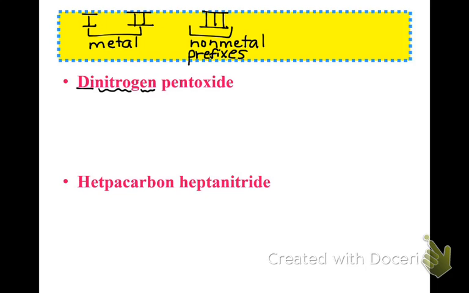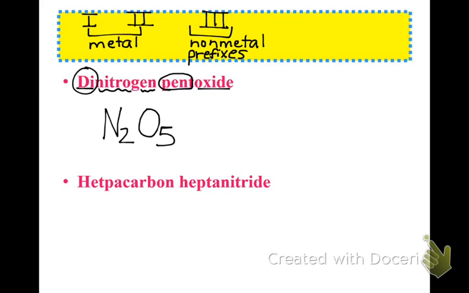Okay. So dinitrogen pentoxide. So nitrogen, and the di tells you how many you have of them: 2. Again, pent is your prefix. Oxide, oxygen is your element. Oxygen, pent means 5.